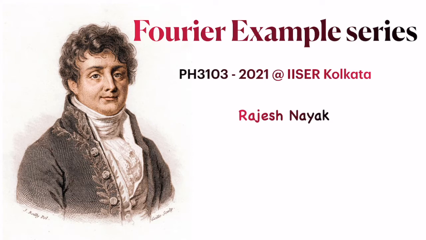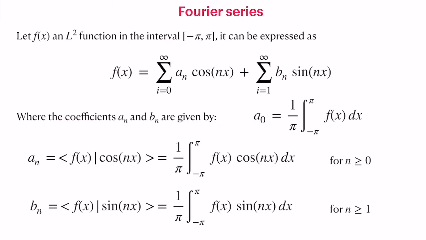Before continuing with the lecture, let's quickly recollect the definition of Fourier series. Let f of x be an L2 function in the closed interval minus pi to plus pi. Then it can be expressed as f of x is equal to the sum with n going from 0 to infinity of an cos nx plus the sum with n going from 1 to infinity of bn sin nx.